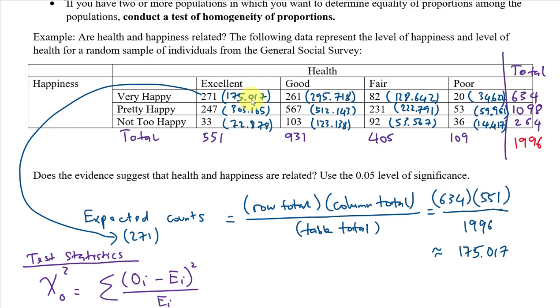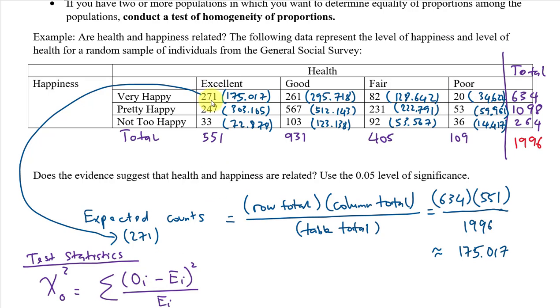The blue number that we found using this formula is the expected count, and the black number given from the table, the data, is the observed value.